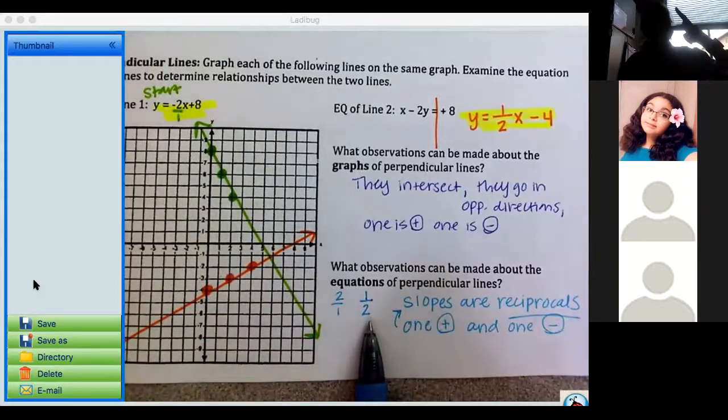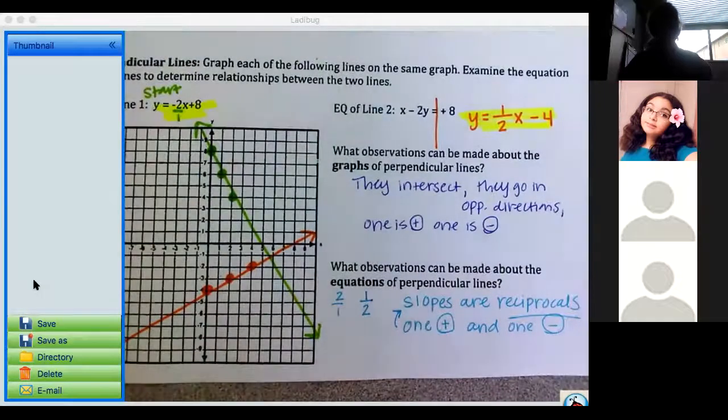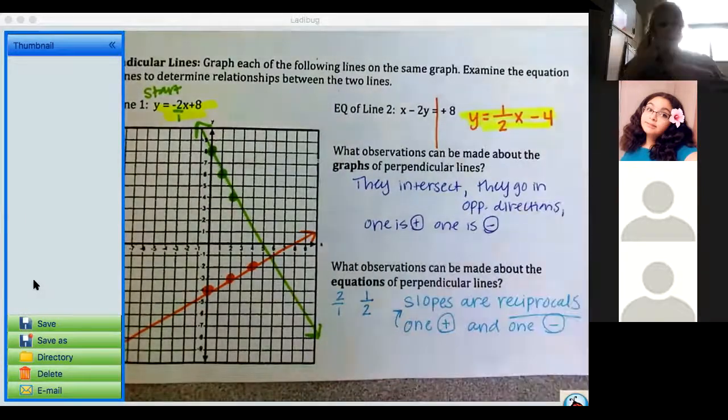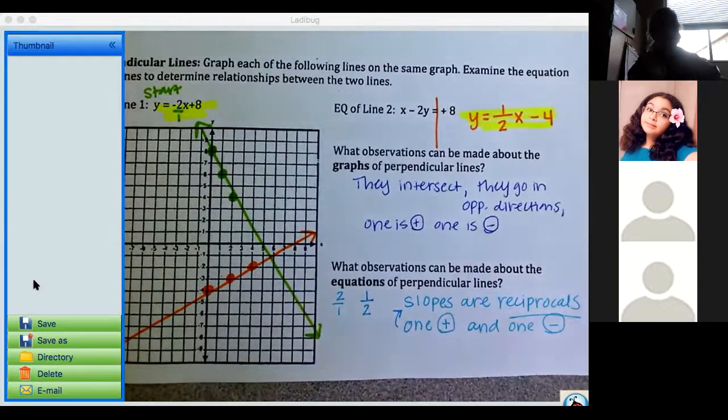You flip one and that'll turn it 90 degrees. Now, the reason they're always opposite is because they have to cross. If they're going the same way, are they going to cross? Not at 90 degrees. To go 90 degrees, they got to go opposite directions. Does that make sense?